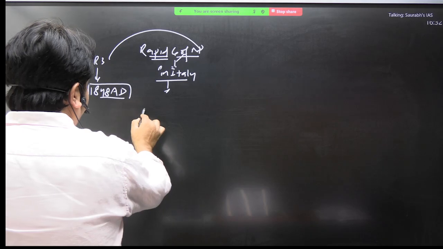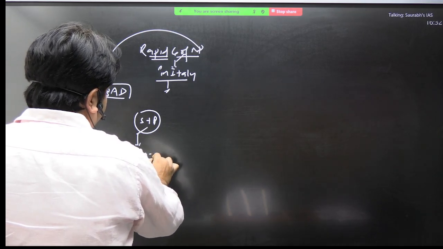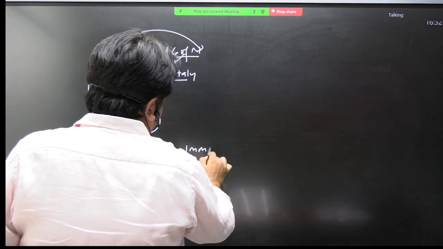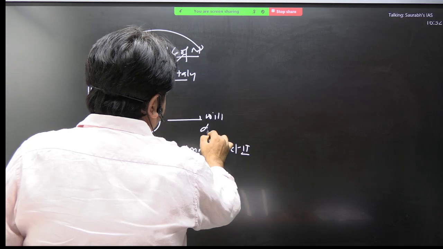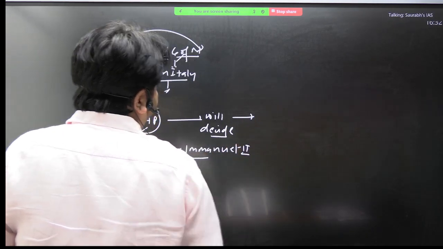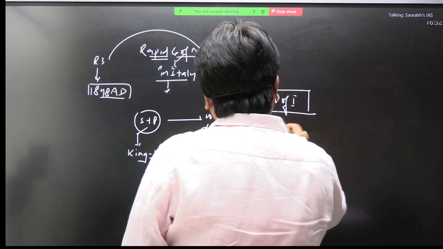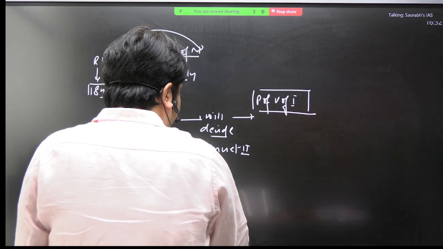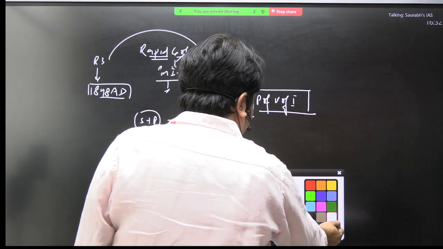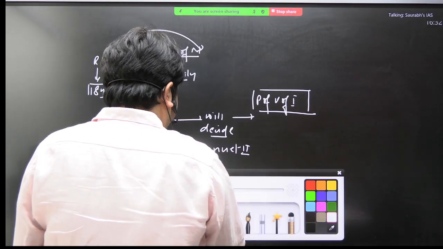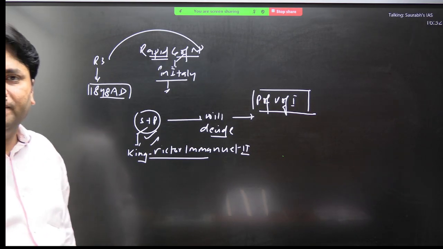And here, after this, what will happen? The ruler of Sardinia Piedmont, King Victor Emmanuel II, will decide that he will support the process of unification of Italy.